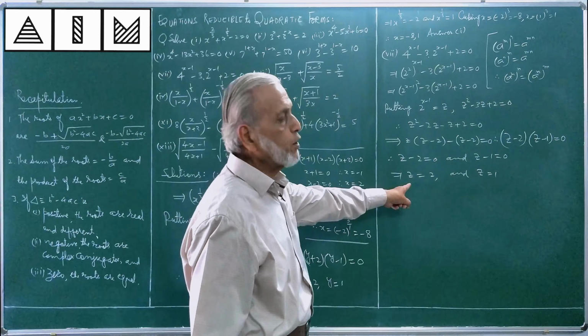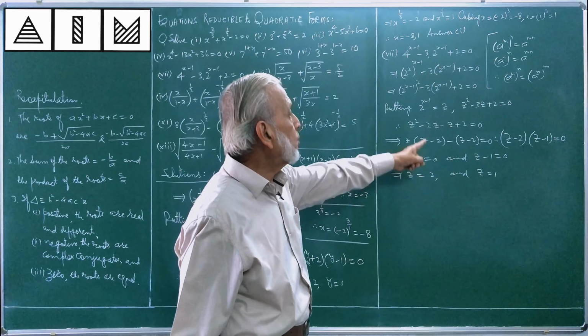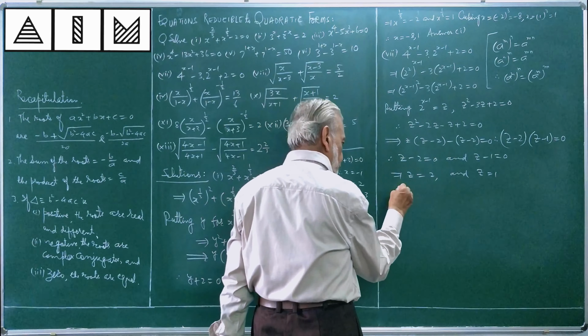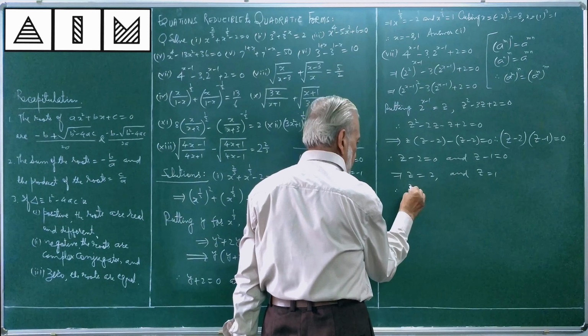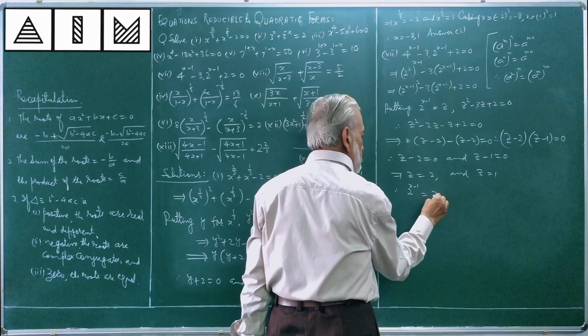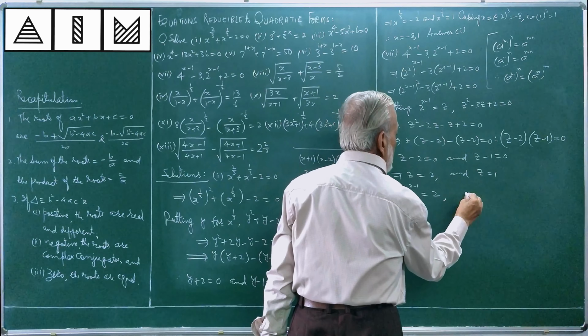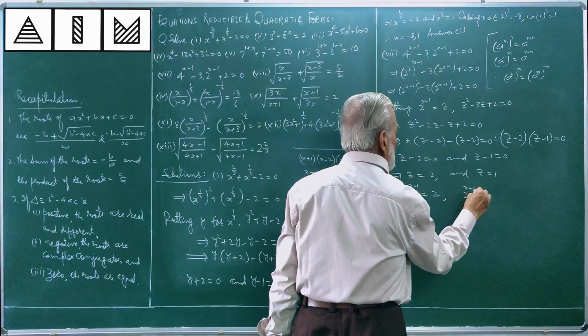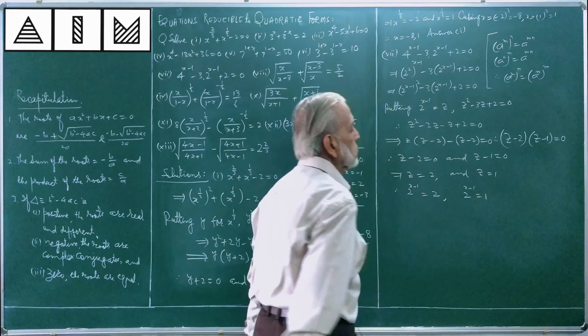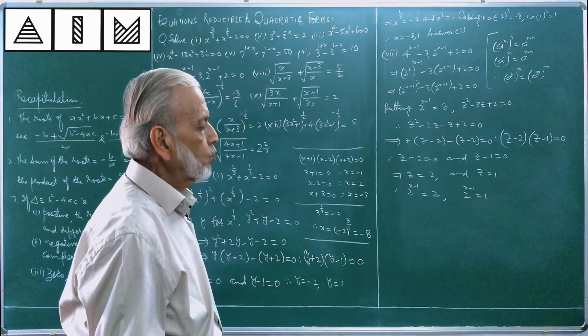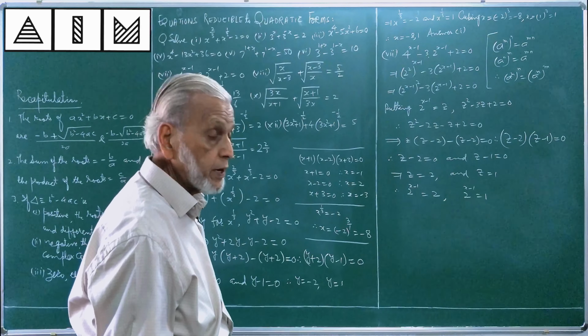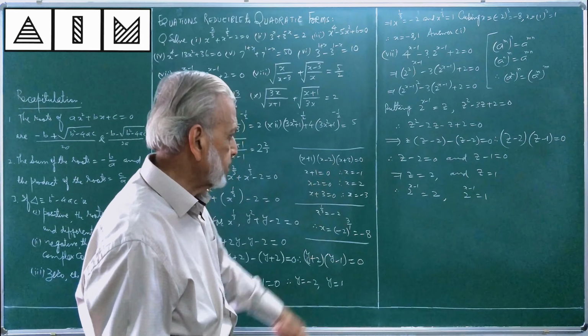Restore the value of z, that is 2 power x minus 1. Please watch very, very carefully. 2 power x minus 1 has been restored for z.